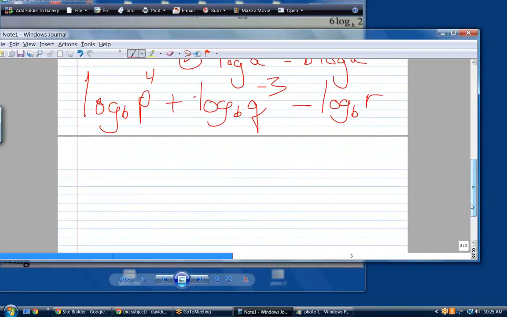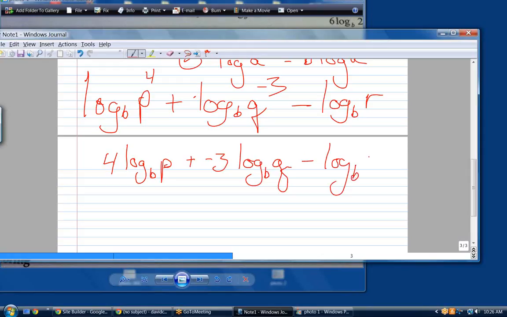What else? Well, we've got an exponent here. We can bring that exponent in front. So the next step would be 4 times log base b of p, plus negative 3 log base b of q, minus log base b of r.